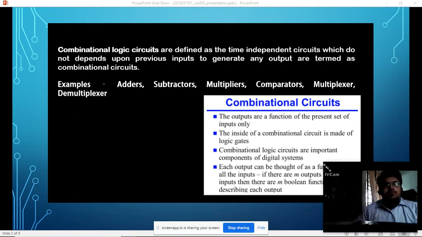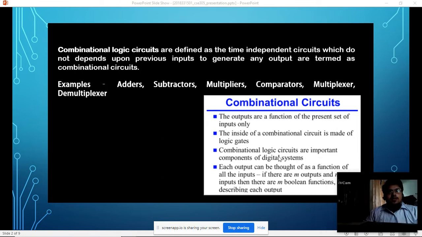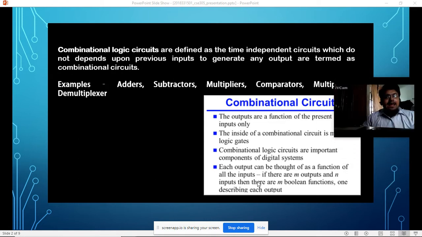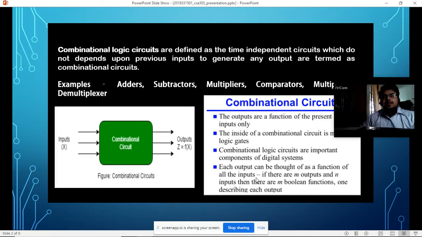Combinational logic circuits are an important component of digital systems, and each output can be thought of as a function of all the inputs. If there are m outputs and n inputs, then there are m boolean functions, one describing each output. And I have also added another figure about combinational circuits.